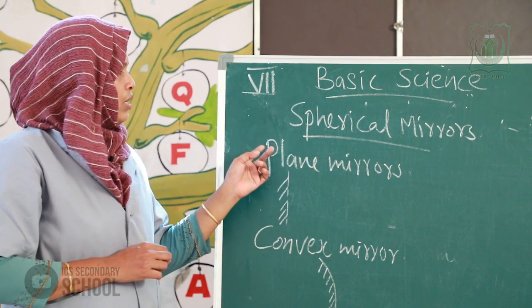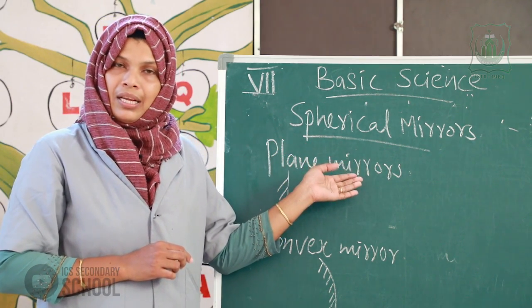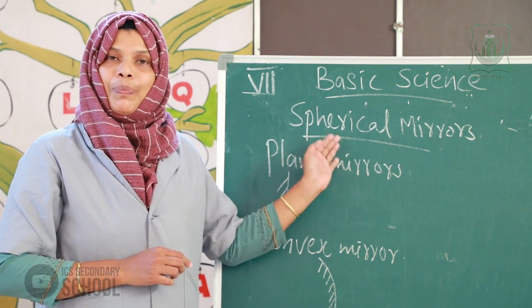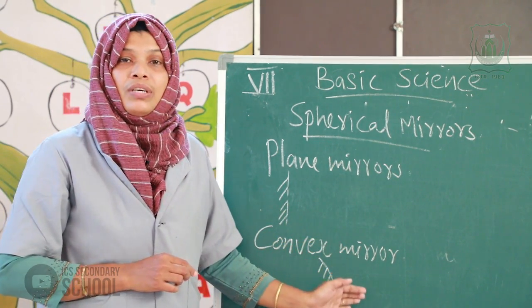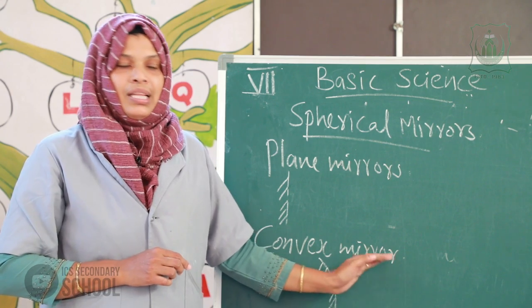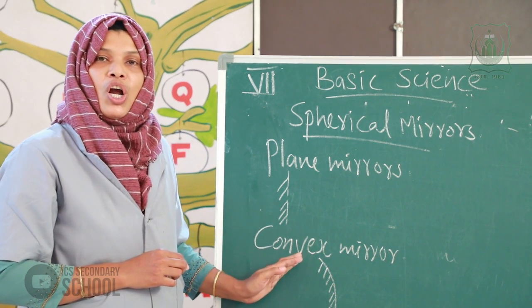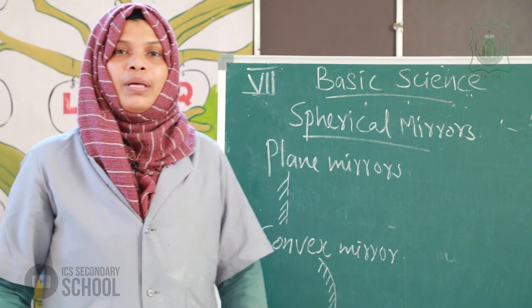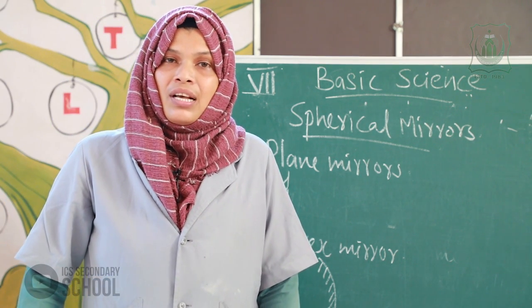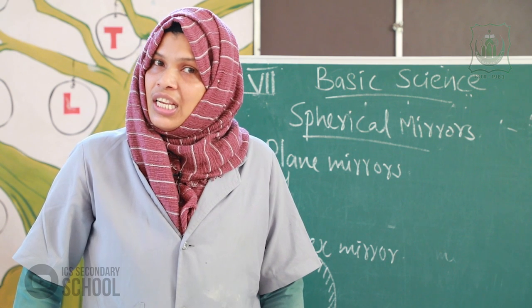First one, reflecting surface is plane; those mirrors are known as plane mirrors. Second one, reflecting surface is curved outward; those mirrors are known as convex mirrors. Then what is meant by concave mirror? The reflecting surface is curved inward.